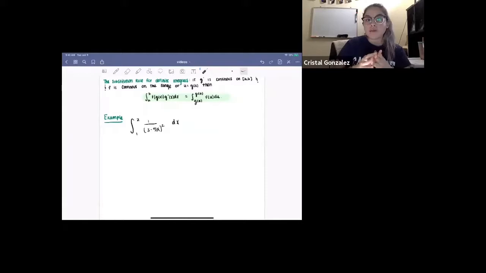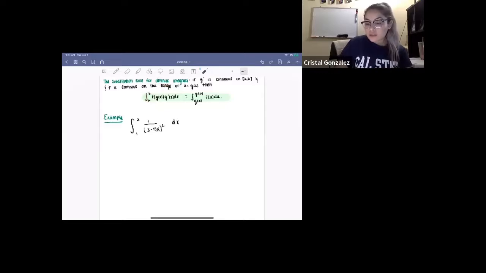Now, in reality, the substitution rule for definite integrals and indefinite integrals is exactly the same. The only thing is that when you're dealing with a definite integral, you have to account for your bounds, so you have to adjust your bounds based on what you let u equal.